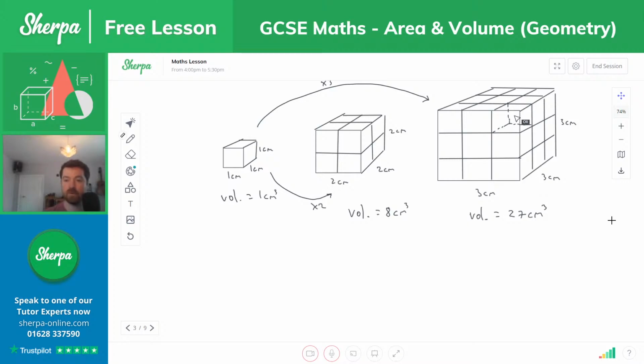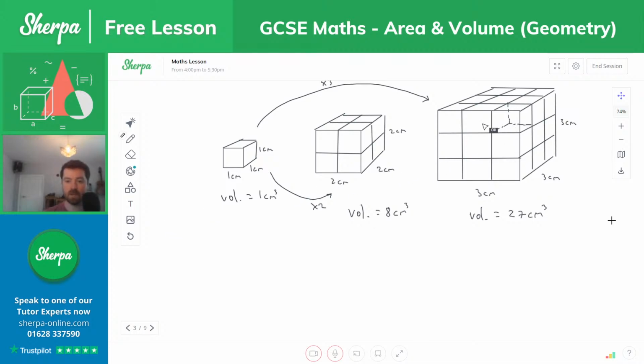This has a volume of 1 centimeter cubed, right? So however many of these little cubes we have is going to tell us what the volume of my large cube is. And we've got 3 by 3 in this first layer. So all these cubes here in this front layer, these have a volume of 9.